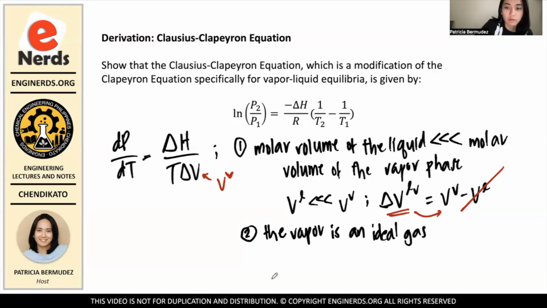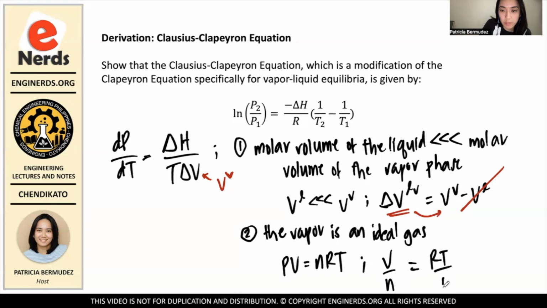And what is our formula for ideal gases? We know that it is PV is equal to nRT. Okay? We're going to make the molar volume the subject of the equation here. And we know that molar volume is V over n, because it's the volume of 1 mole of gas. So V over n is equivalent to RT over P.